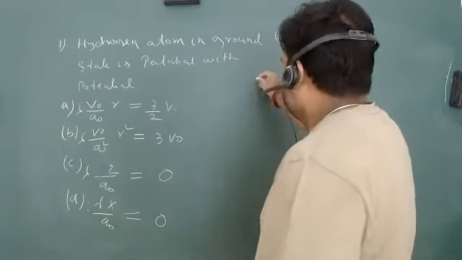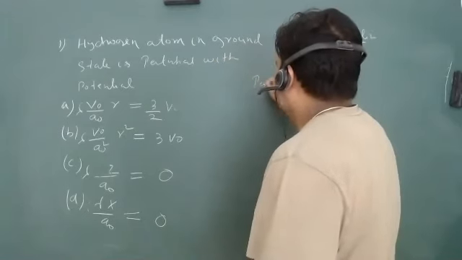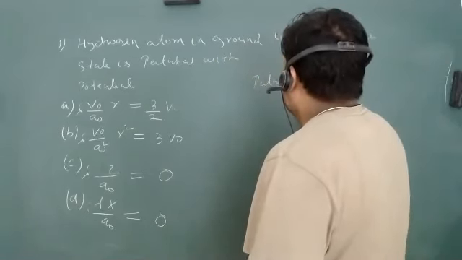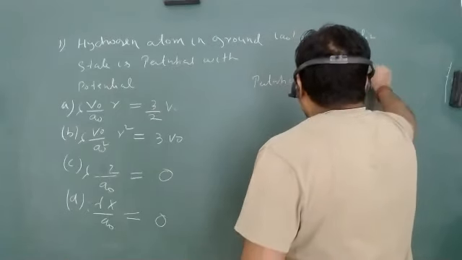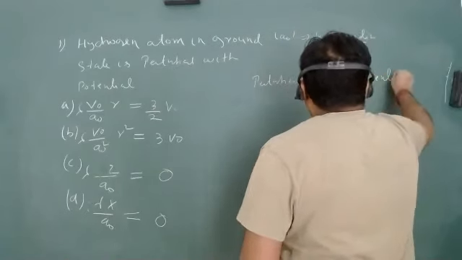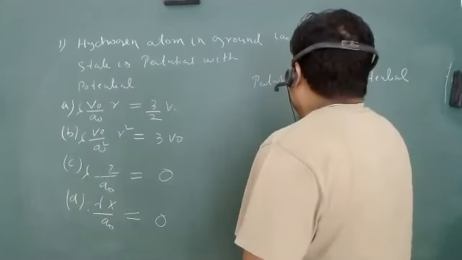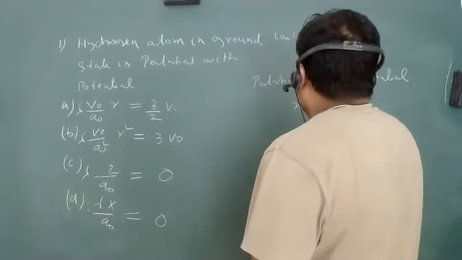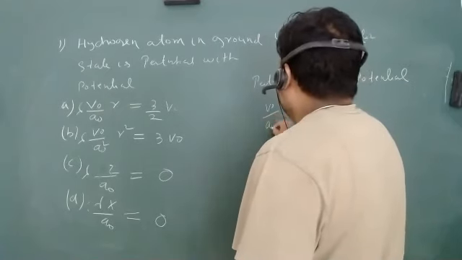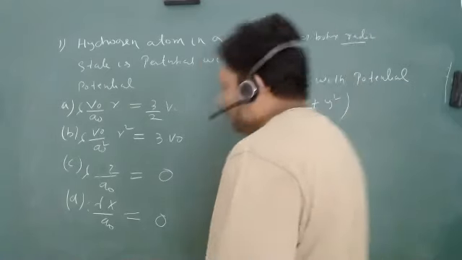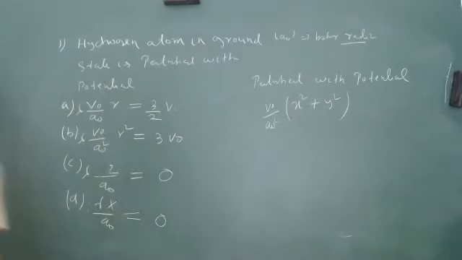If the hydrogen atom is perturbed with potential x square plus y square, let's say V naught upon a naught square, just calculate what is the energy in the ground state.